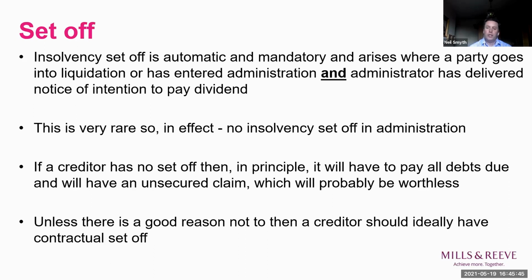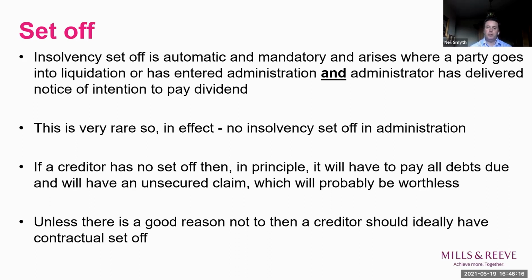And it is not where you want to be, because the return to unsecured creditors is likely to be nothing. So the very strong advice from the insolvency side, set out at the bottom of that slide, is that unless there is a good reason not to, then you as a creditor, in trying to protect your position generally against parties that go into insolvency process, but particularly against parties who then try and bring an adjudication claim against you, should have contractual set-off.